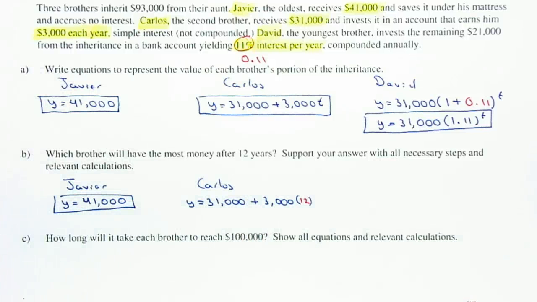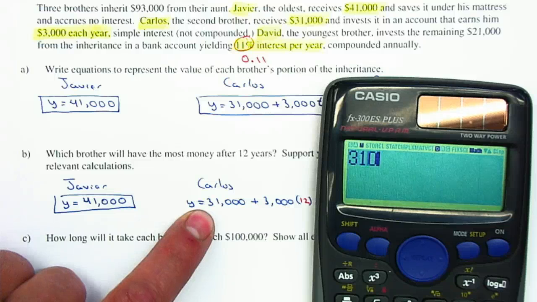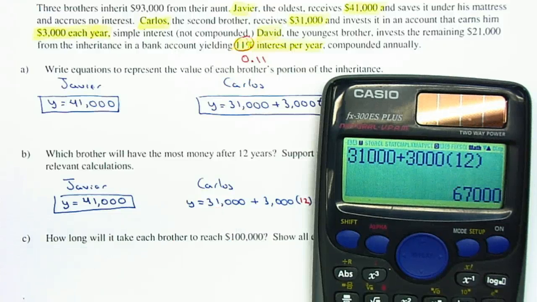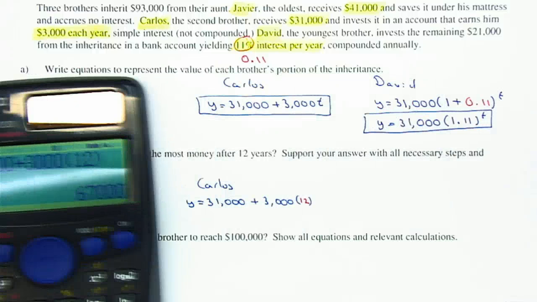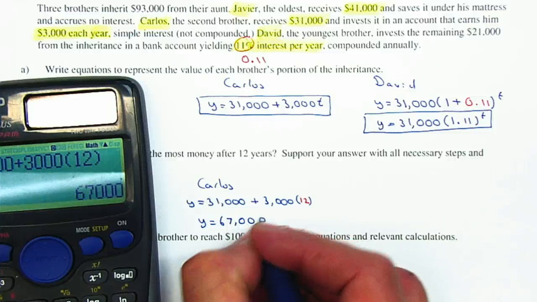We're going to use a calculator to evaluate it. So it's $36,000 plus 31,000, which is $67,000. So after 12 years, he's going to have $67,000.